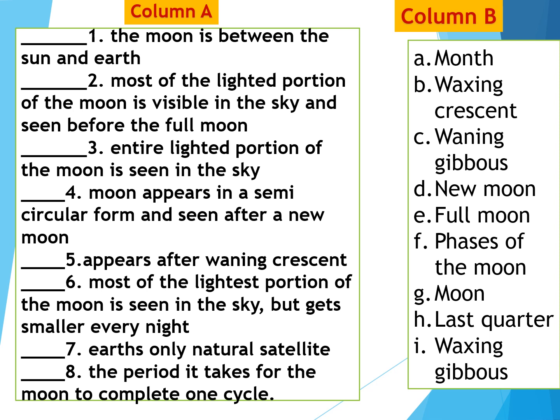Okay, time to check your answer. This is the correct answer. 1 D, 2 B, 3 E, 4 H, 5 G, 6 C, 7 G, and 8 A. If you have a perfect score, you're very nice.